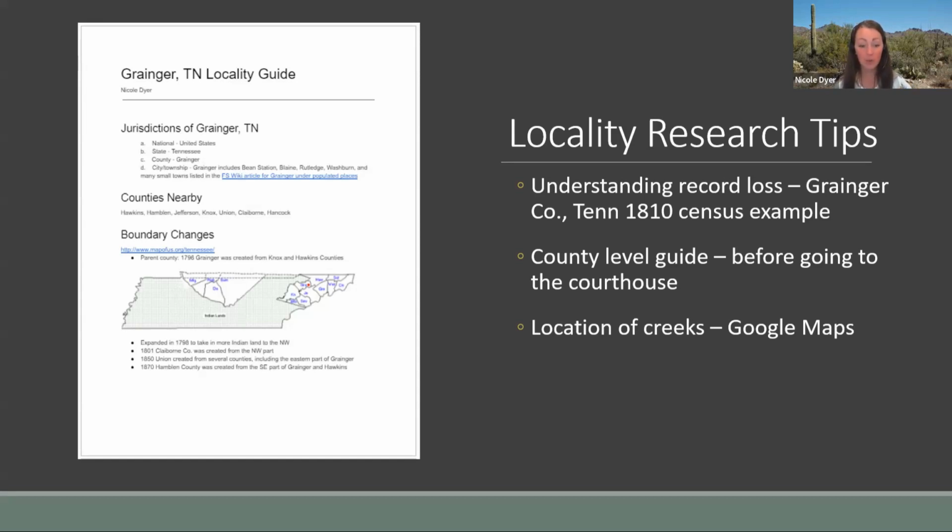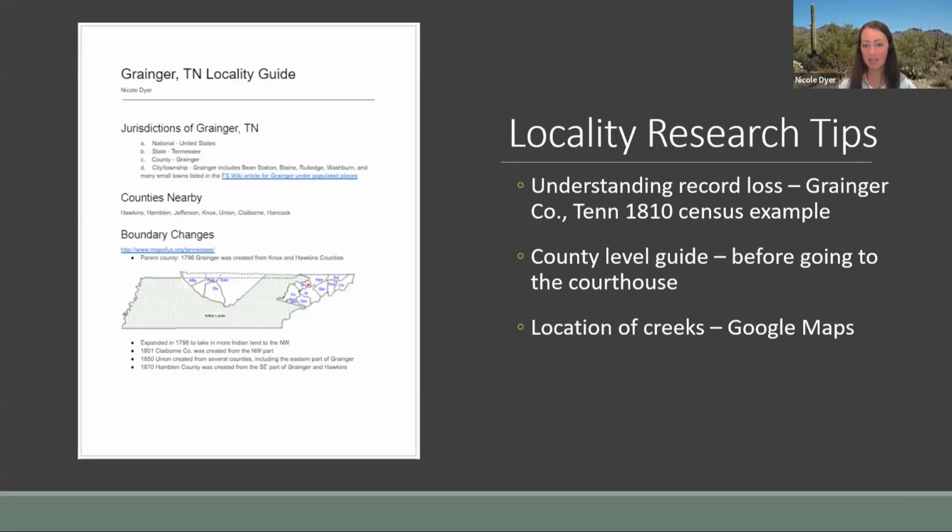What I found is that it wasn't included in the Ancestry and FamilySearch 1810 census, but I did find that there was a publication made by Pollyanna Creekmore, and it was put up onto a Granger County, Tennessee genealogy website. It was just kind of an obscure website that had a lot of record abstracts and things.